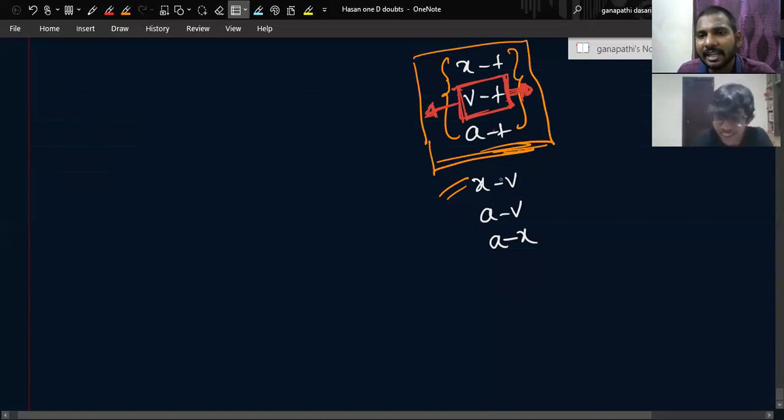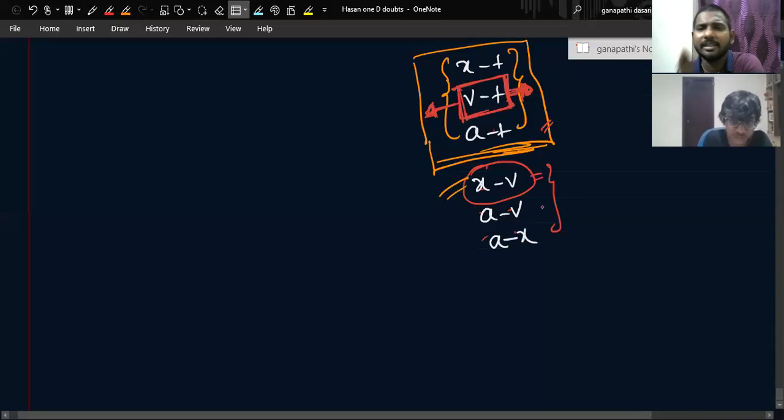XT, VT, AT, XV, AV, AX. The XV graph also, to some extent, is useful. Of all the 6 graphs, these first 3 are more important. You can make a note of it. And these 3 graphs are of lesser importance. That doesn't mean redundant, but lesser importance. Among these 3, the last graph is highly rare, and the last 2 graphs are highly rare.